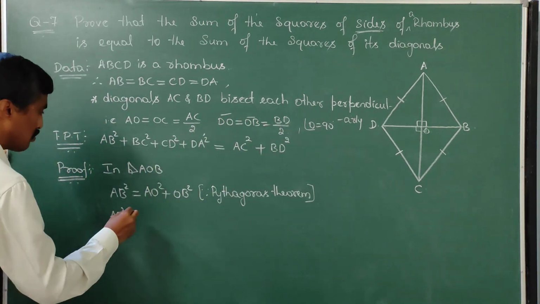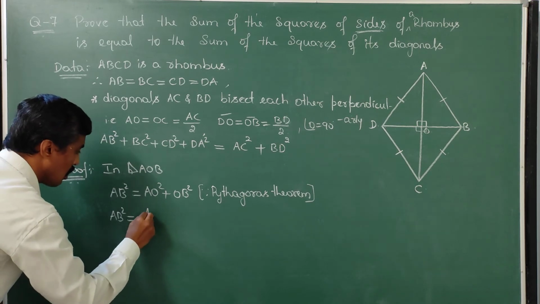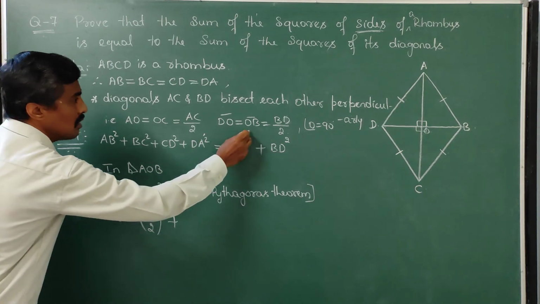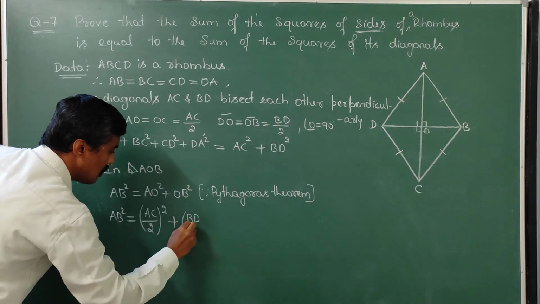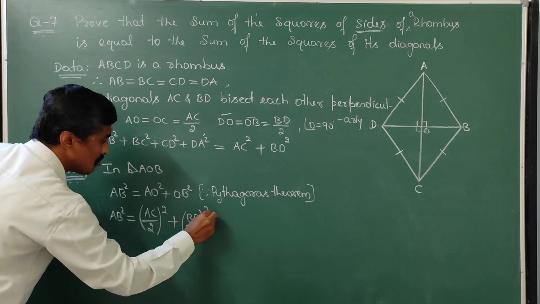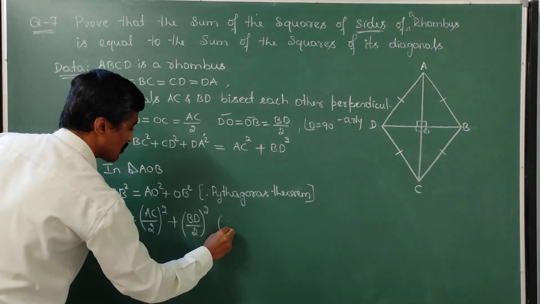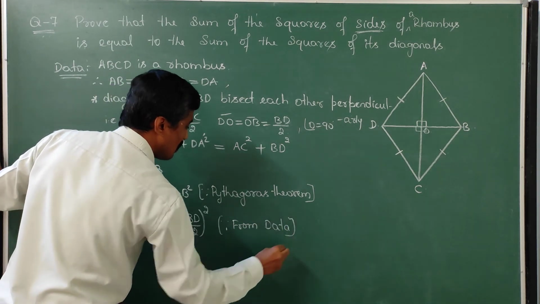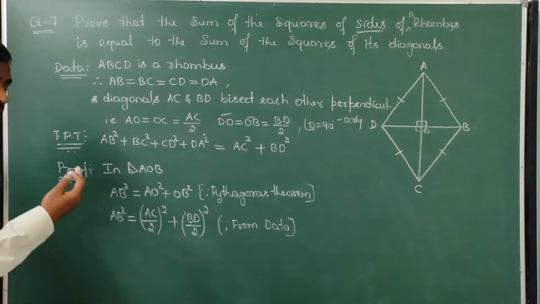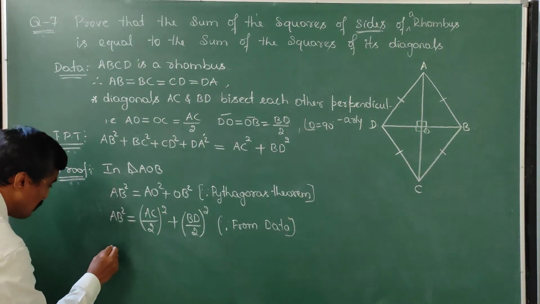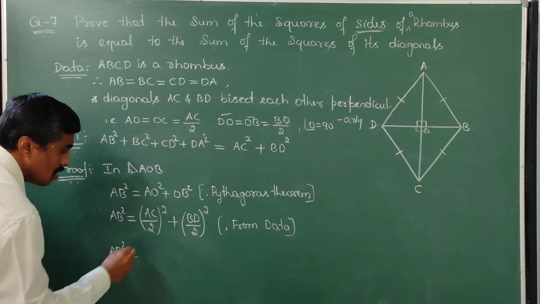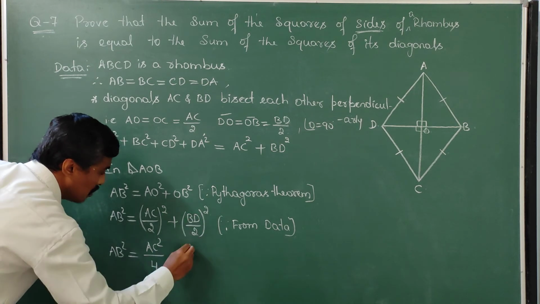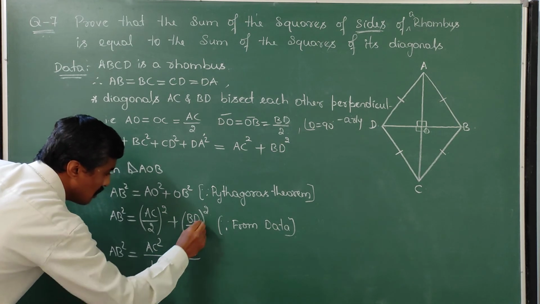So I am substituting now: AO is AC by 2, whole square, plus OB is BD divided by 2, whole square, from the data, according to the property of the diagonals of the rhombus. AB square is equal to, on squaring, AC square divided by 2 square is 4, plus BD square divided by 2 square is 4.